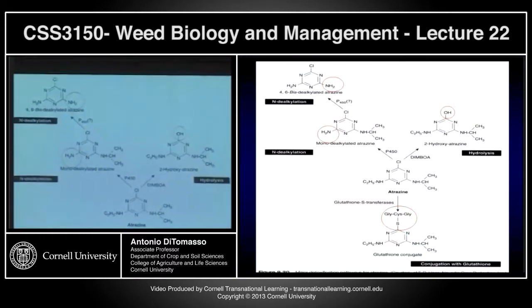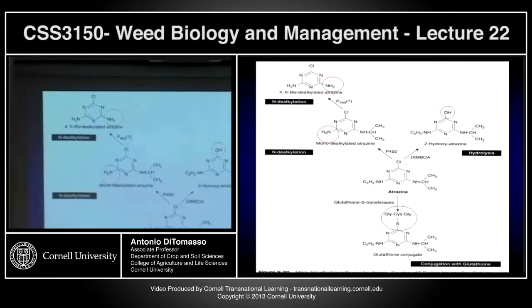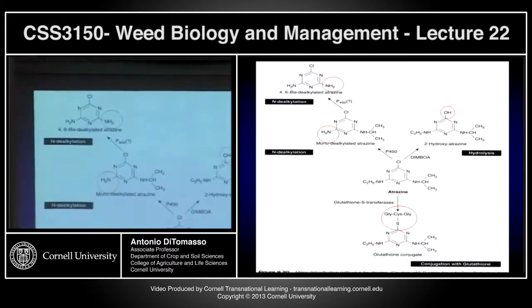This process, and you don't have this in your notes, but you should add it in as I mention it, this step here is carried out both in leaves and roots of plants. Corn does it, and this step happens in most plants. It's not just corn that does this. Soybean will do it.